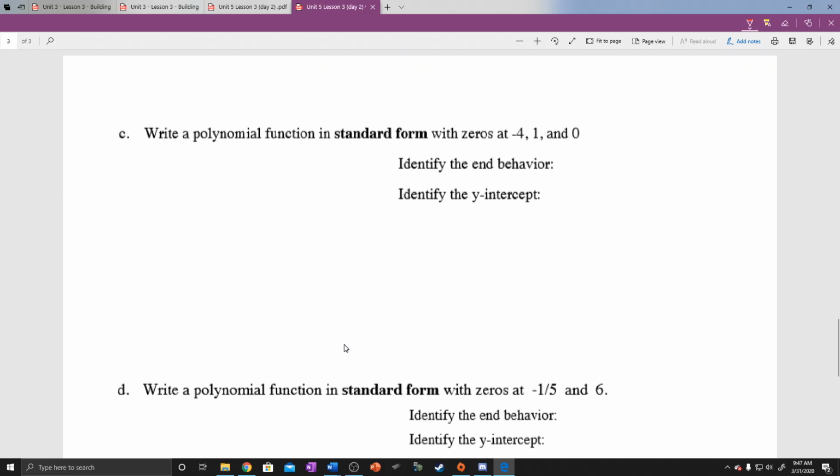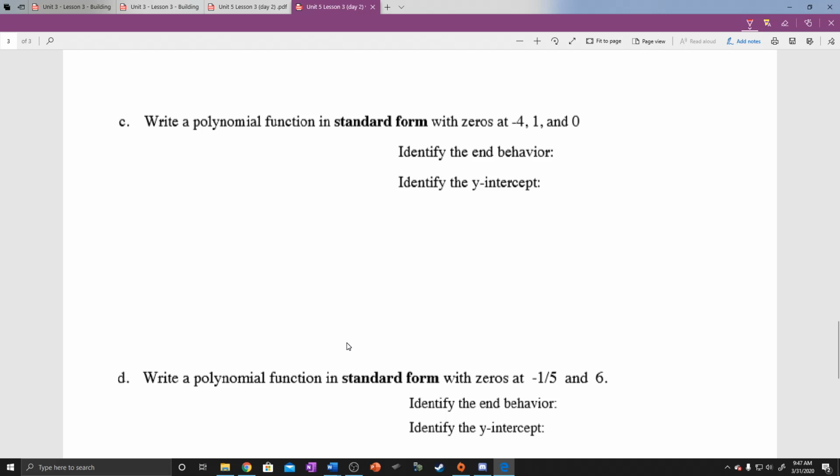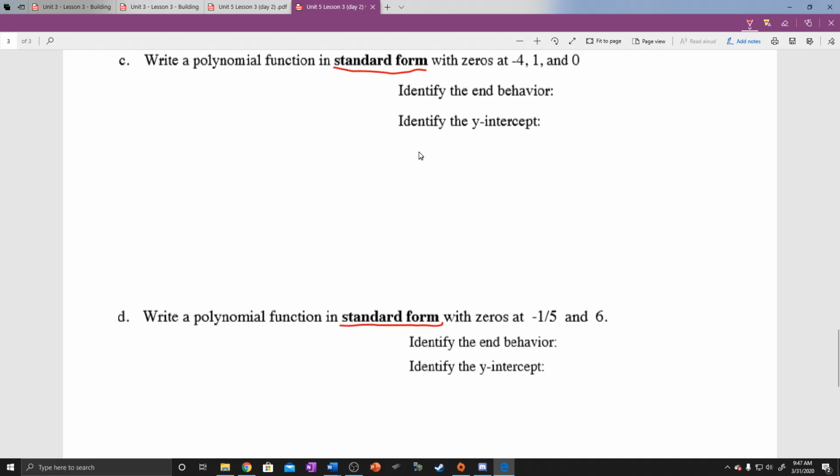Okay, last two. These are going to be sort of challenge problems where you have to put them in standard form. So if you would like a challenge, you can do these problems. I'll just put it in factored form, and I'll let you put it in standard form as an exercise. So let's see here. This is going to be zeros at negative 4, so x plus 4; 1, x minus 1; and 0.